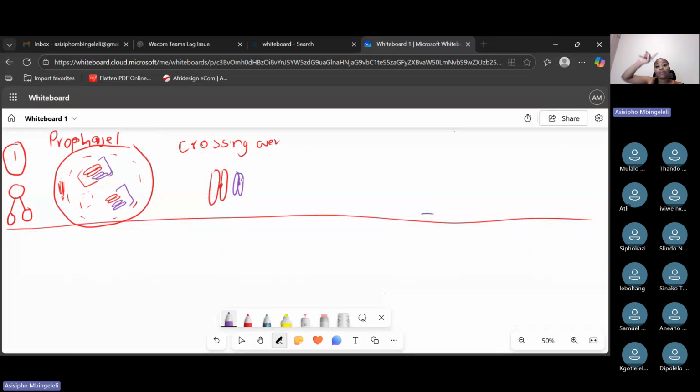Then the chromatids, check the terminology. The chromatids that are next to each other. So this chromatid from the female chromosome and this chromatid from the male chromosome are going to cross over. What does that mean?